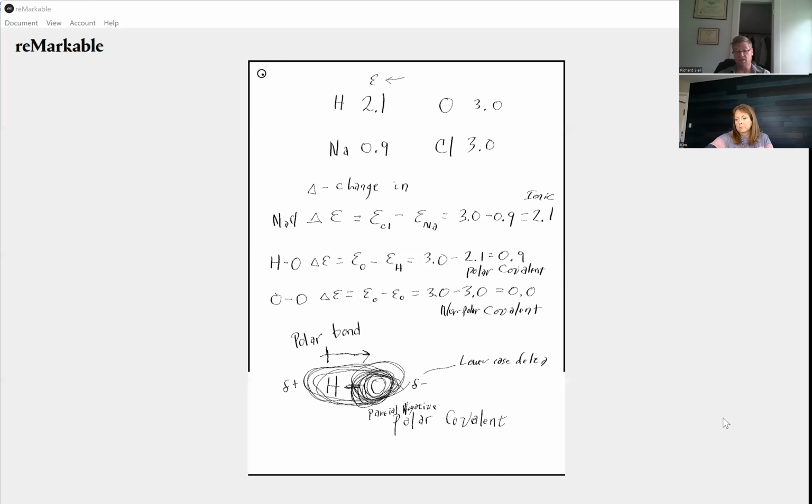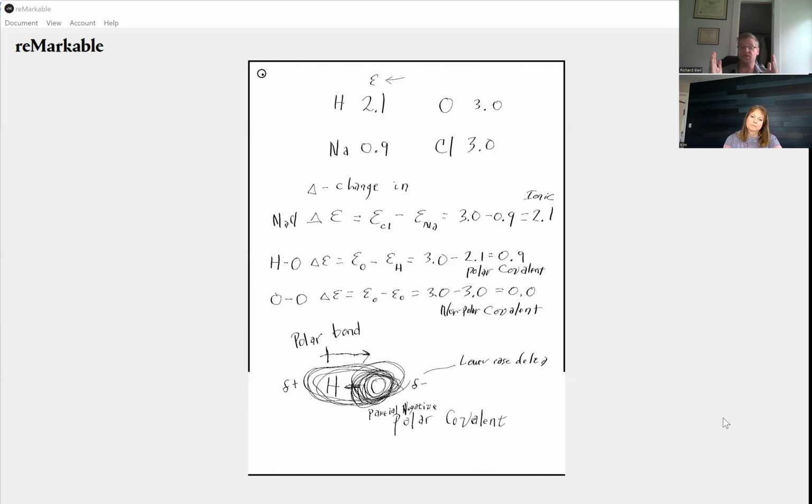Okay? So really three kinds of bonds: ionic, polar covalent, non-polar covalent. All right, you with me? The question is, how do we know what's what?